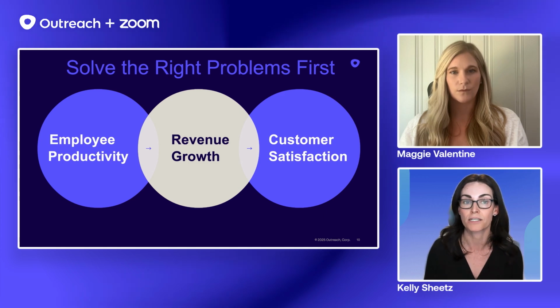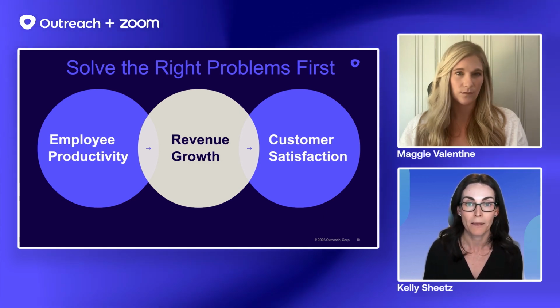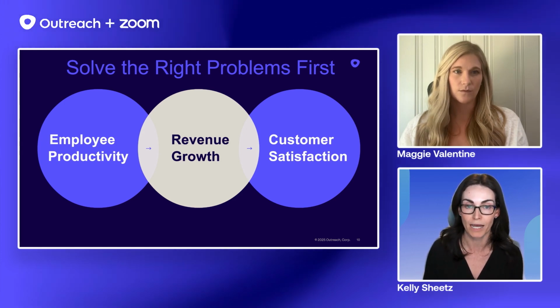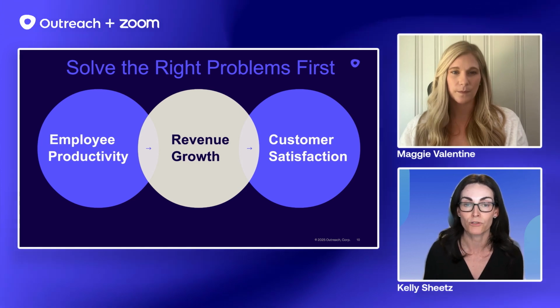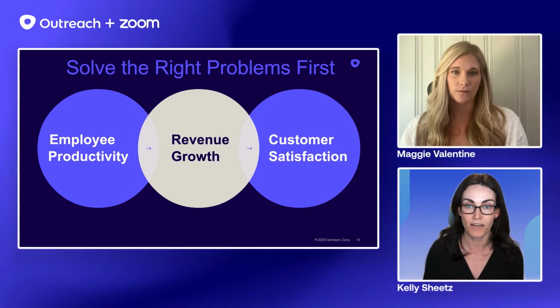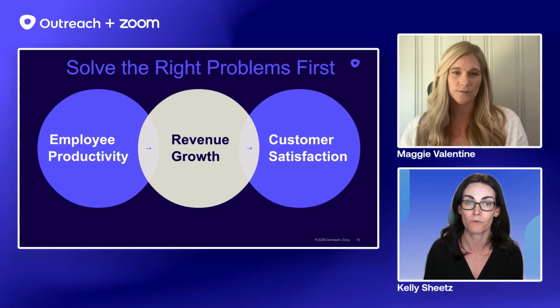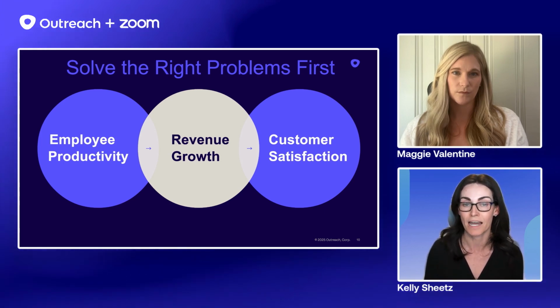For us, it's employee productivity: how are we making the lives of our employees better, faster, more intelligent to give them that productivity back? We also think about sales growth: how are we growing our revenue? And lastly, customer satisfaction, focused on the support side of the house, to make sure that our customers get the support they need and have ease of use with our solutions.